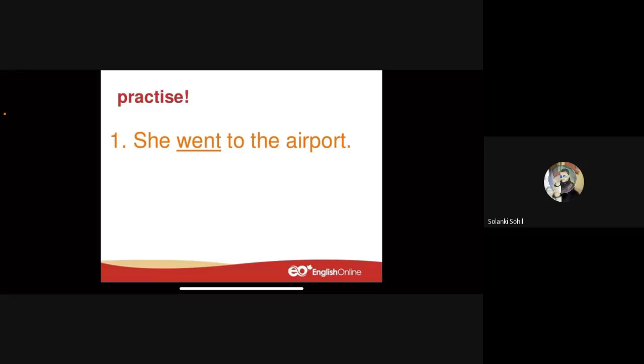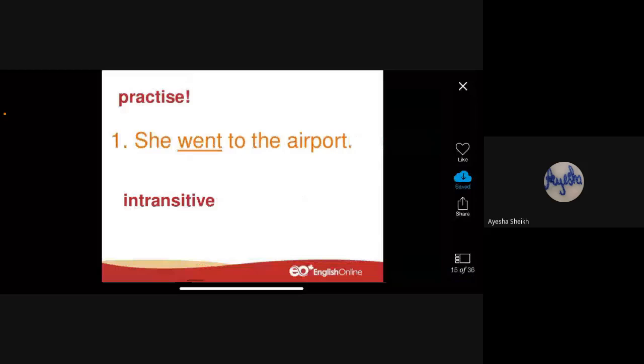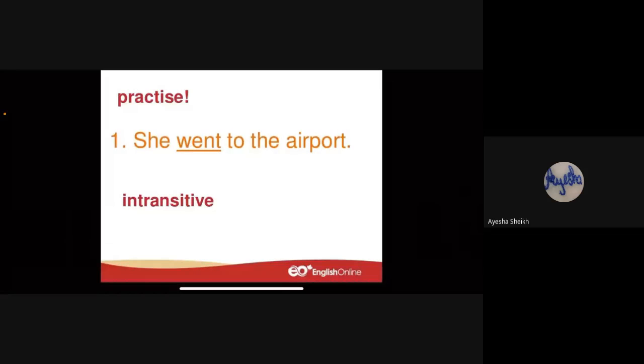Intransitive. Intransitive. Okay. So you can check the answer. It is correct. There is no object. You cannot get the answer for what or whom. Here the verb is underlined. But in the textbook, you have to tell me the verb that is underlined.